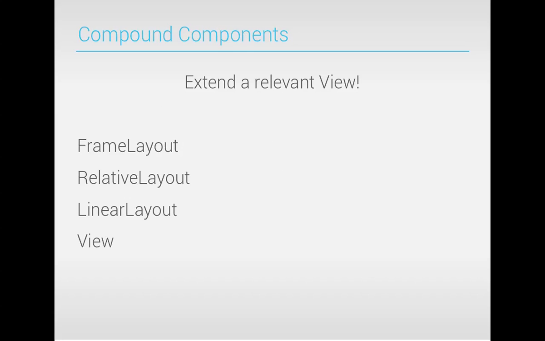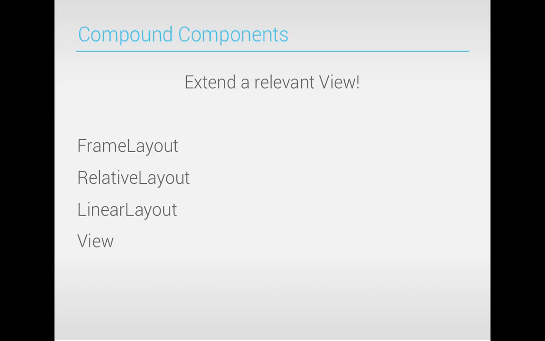So usually this starts by extending a relevant view. If you know Android pretty well and you've gotten familiar with all the different views like frame layout, relative layout, linear layout, you might think of one that does a lot of what you want to do and just extend that. So instead of building everything from the ground up, you can say, well, it's kind of just a relative layout with some other things in it.